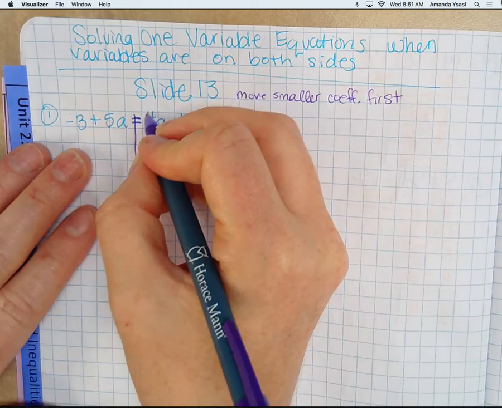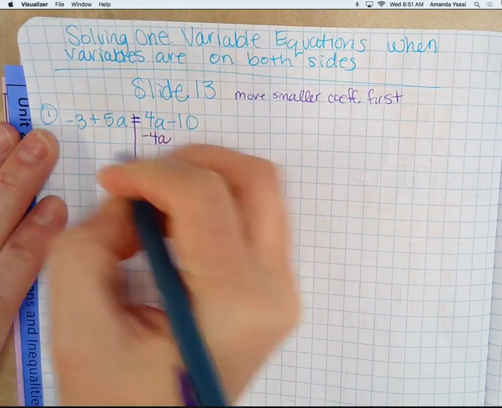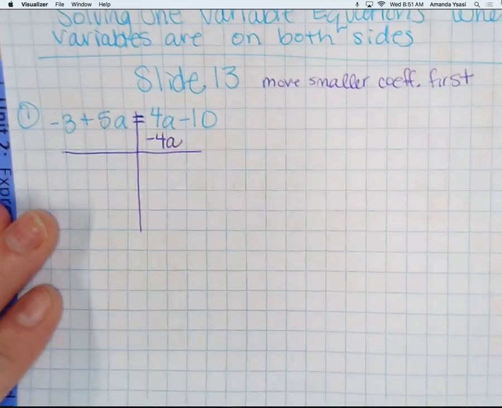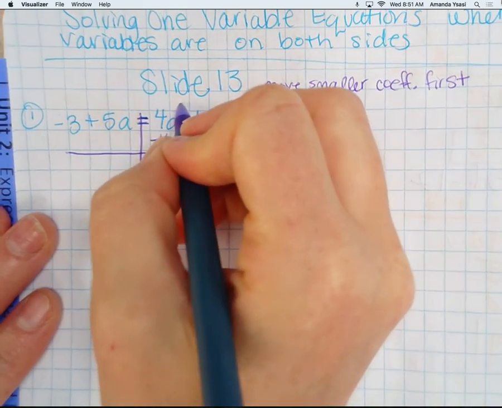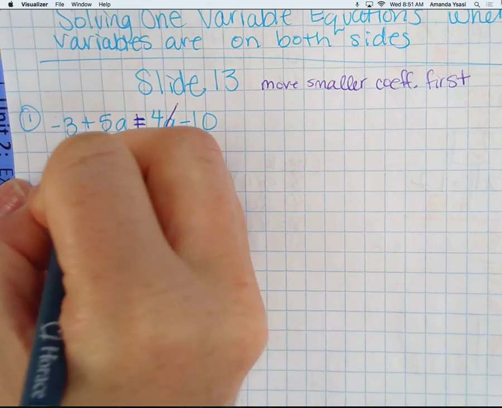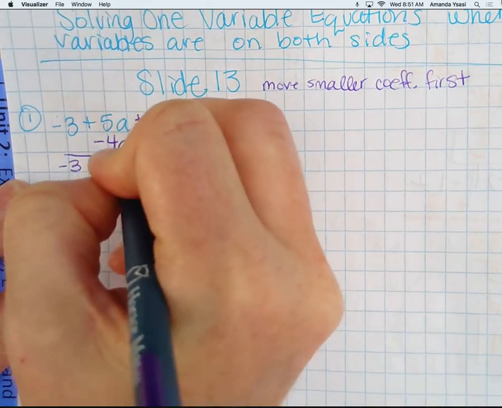So I need to get rid of this 4a then. So I'm going to subtract 4a on both sides. So I have 4a minus 4a, which is 0, because they're inverses. And I get to carry down the left-hand side. Oh, hold on. Whatever I do to one side, I have to do to the other.